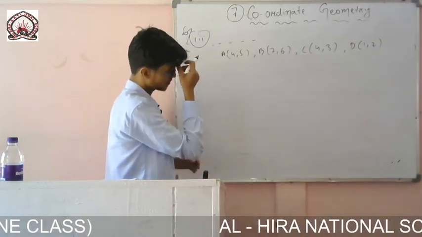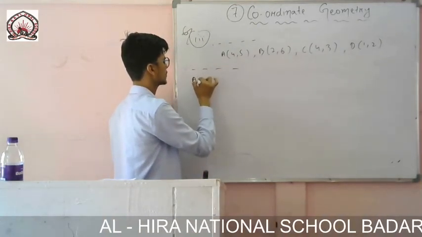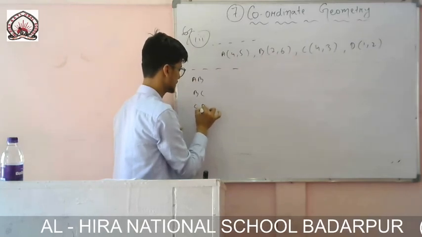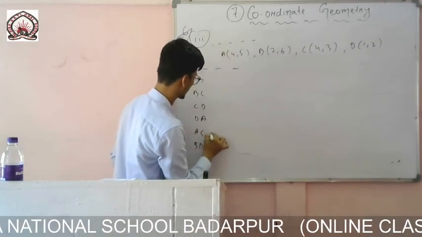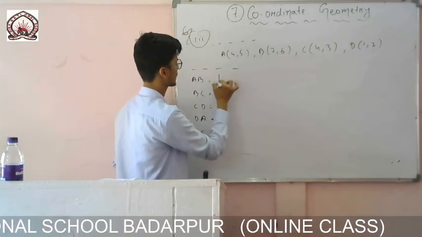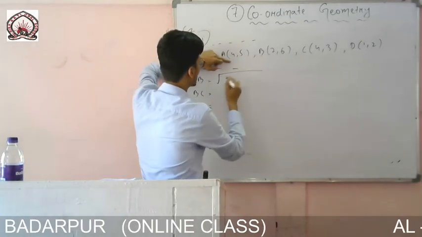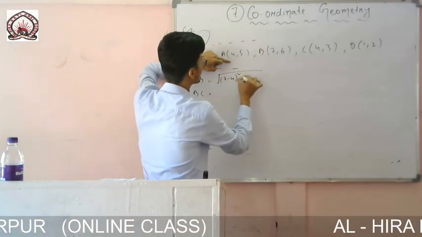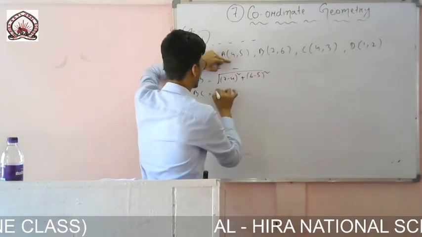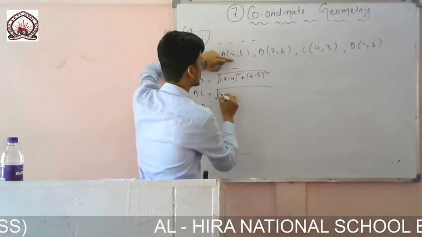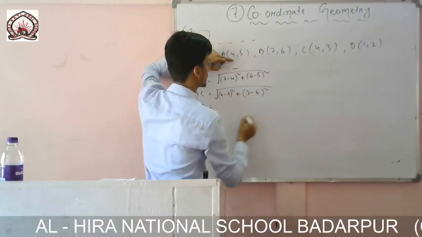Now using the distance formula, you write it here. One by one we will find. First I will find AB, then BC, then CD, then DA, then AC and BD. These are the two diagonals. So AB will be the square root of (7 minus 4) whole square plus (6 minus 5) whole square. Next, BC will be (4 minus 7) whole square plus (3 minus 6) whole square.